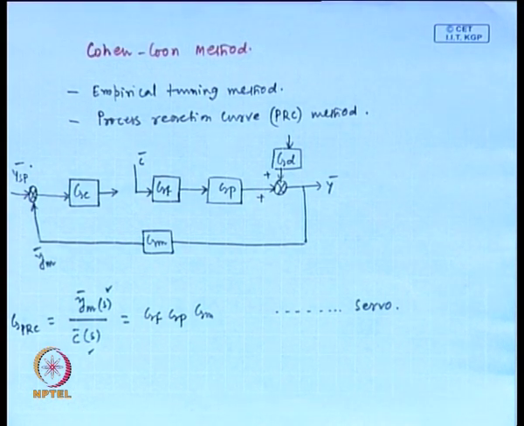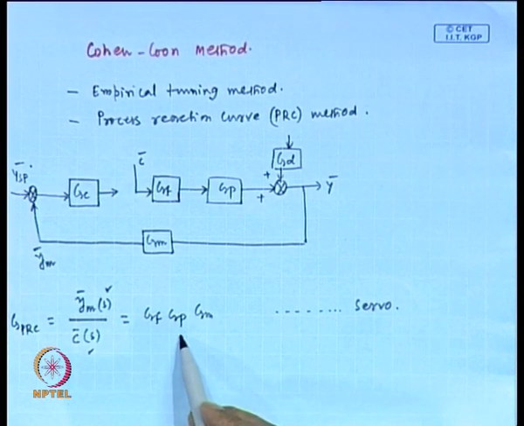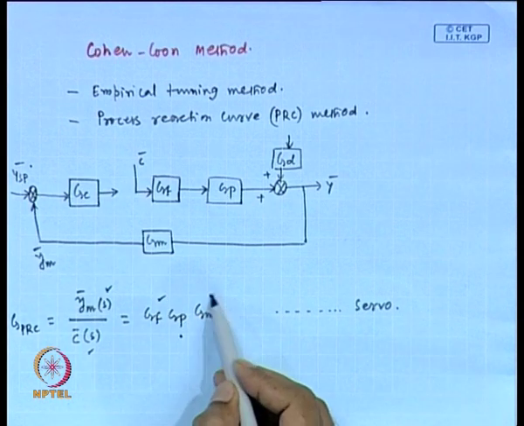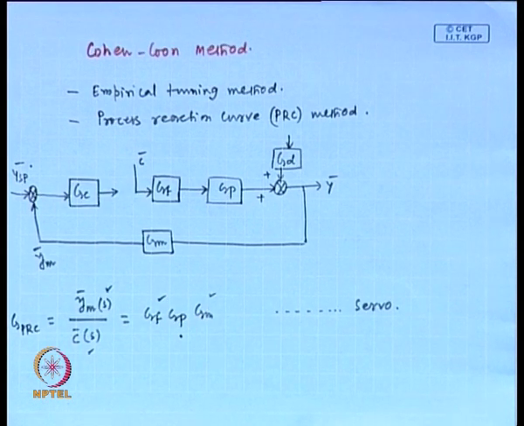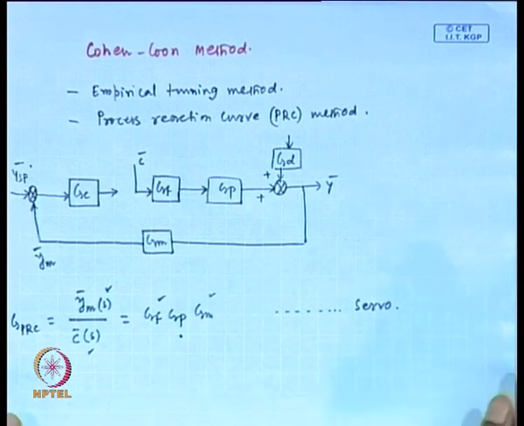Now, it is obvious that the output Ym depends not only on the process, but also on the final control element and measuring device.